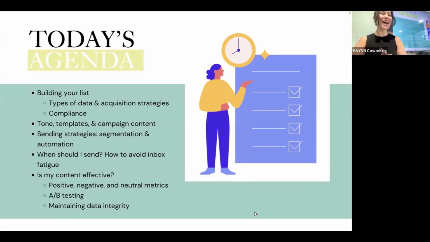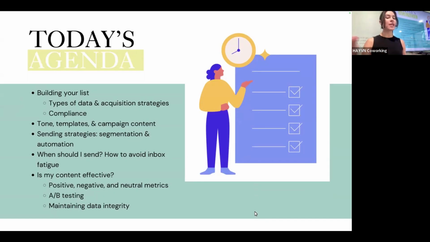All right, so what we're going to talk about today is pretty much try to cover the full breadth of everything. So everything from building your list. We're going to start looking at the different types of data that you can acquire, strategies for data acquisition, both legal and inbox provider compliance. We're going to talk about tone and templates and campaign content.